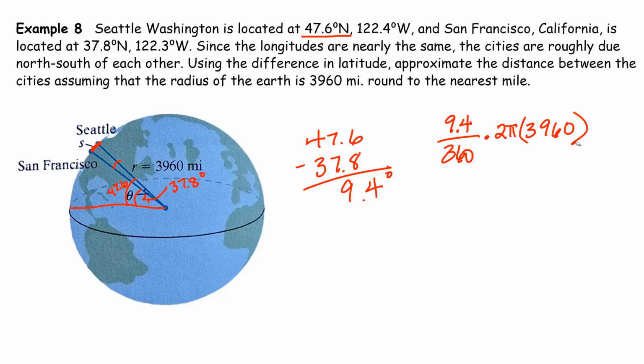Now we just punch that into the calculator: 9.4 divided by 360 equals, times 2 times pi times 3960, and you get about 649.68 miles. We're going to round to the nearest mile like it says to do, so that'll be 650 miles from San Francisco to Seattle.